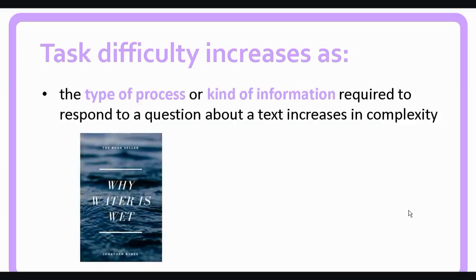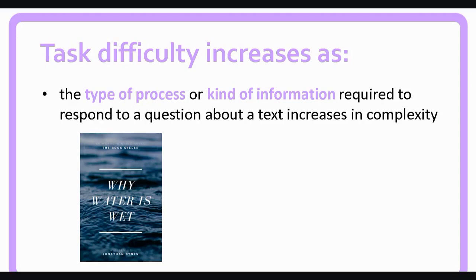Similarly, task difficulty increases as the type of process or kind of information required to respond to a question about a text increases in complexity. So, for example, we've got a relatively simple book here. We've got a novel with the unusual title of Why Water is Wet. I don't really know where that name's coming from, but it's a novel and it's a good bookseller apparently.